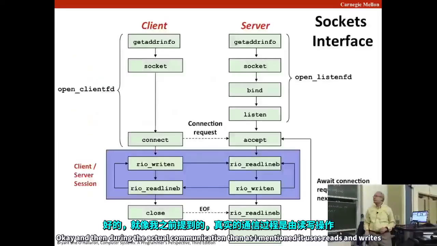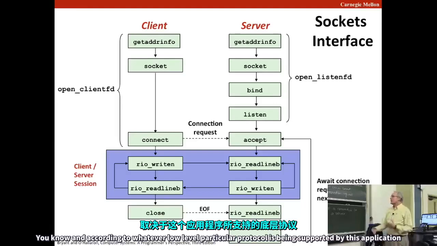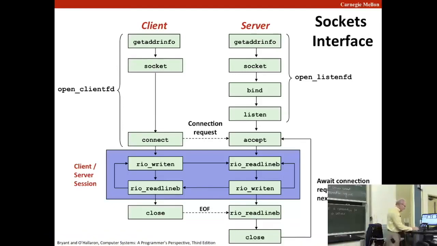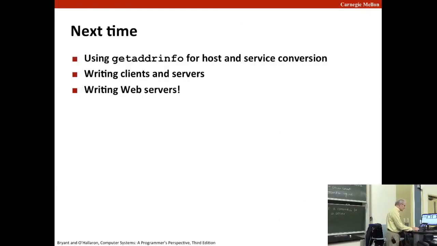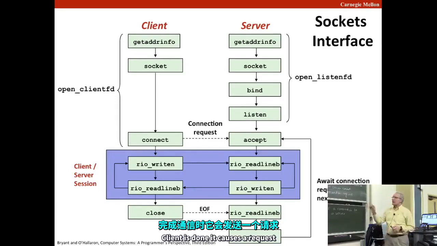Okay, and then during the actual communication, as I mentioned, it uses reads and writes as a way to send and receive messages. And that goes on for as long as, and according to whatever low-level protocol is being supported by this application. And then in the end, when the client is done, it closes the request.